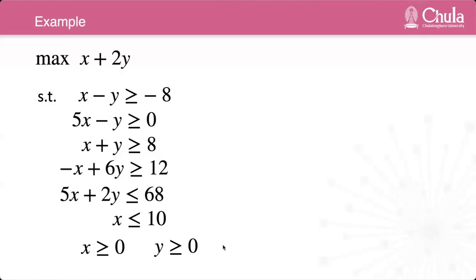Minus 5x minus 6y plus S2 plus S3 plus S4, minus W equals minus 20. And look at the Excel.